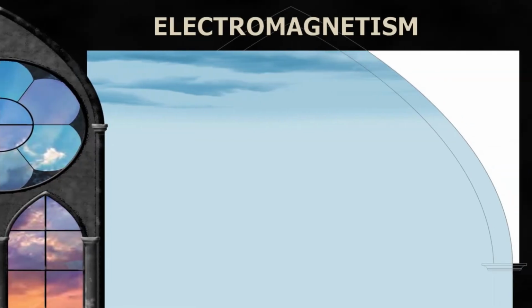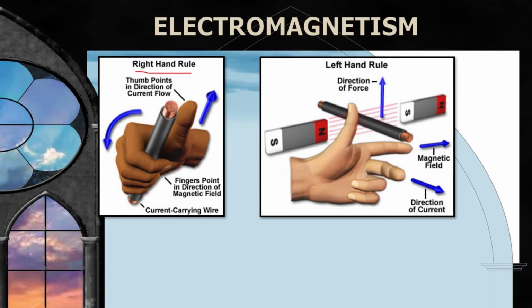And under electromagnetism, we are using the right hand rule and the left hand rule. When we are talking about the right hand rule, your thumb is the one pointing where the current is flowing, while your middle finger is pointing the direction of the magnetic field. And for the left hand rule, we have here the three main functions of our fingers.